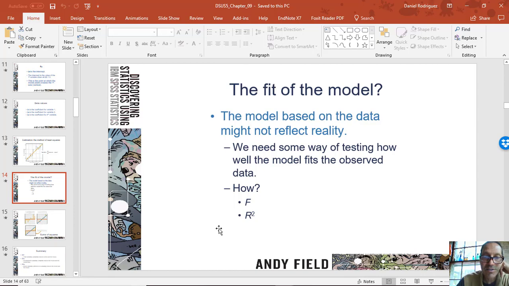So in terms of judging the model, we will use an F statistic to judge the fit of the model to the data. We talk a lot about fit. And R squared, we talked about that a little while ago in correlations, the coefficient of determination. Here the R squared is kind of both.